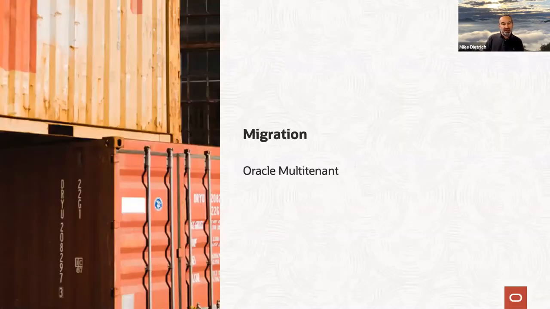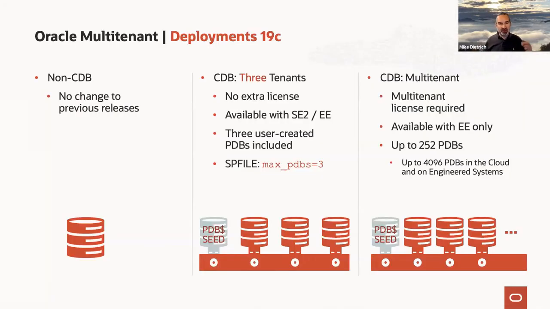So now let's drill into multi-tenant. And what is multi-tenant? After I explained to you that auto upgrade can easily migrate into multi-tenant. First of all, in 19C, you can have three deployments. You can have on the left side of the slide non-CDBs, same as before, no change to previous releases.